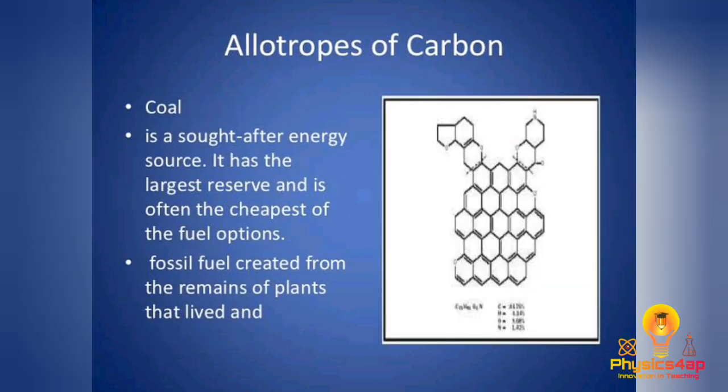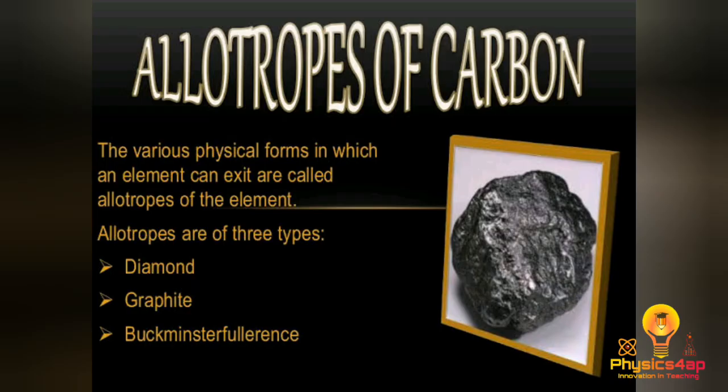And here we have another allotrope of carbon, which is coal. It is a sought-after energy source. So these are the allotropes of carbon. The various physical forms in which an element can exist are called allotropes.